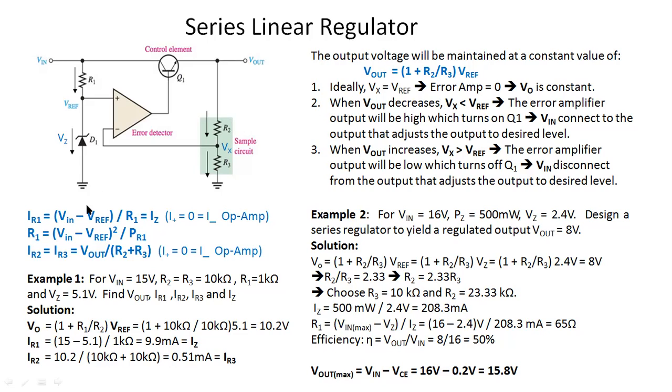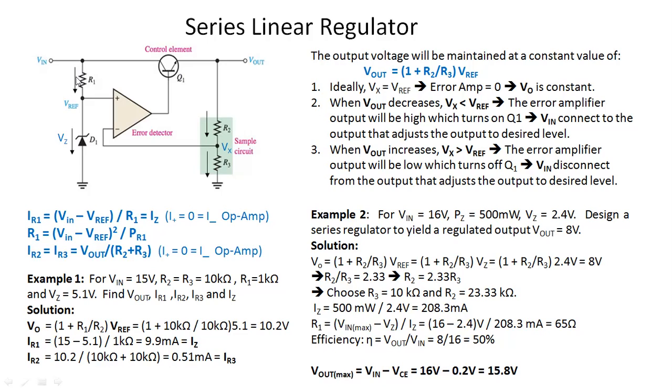So here, if we are calculating the current flowing through this resistor R1, we use node analysis. If we are supposed to find the current flowing through R1, here we are taking the direction downward. So we need to use node analysis. How can we use it?